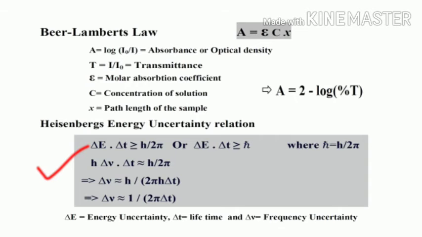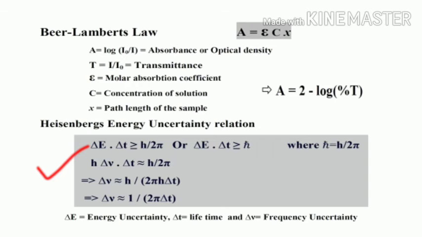This equation can also be written as delta E into delta T is greater than or equal to H cut, where H cut is equal to H by 2 pi. On rearranging the equation, we can write H into delta nu into delta T is approximately equal to H by 2 pi, where delta nu is the uncertainty in the frequency.